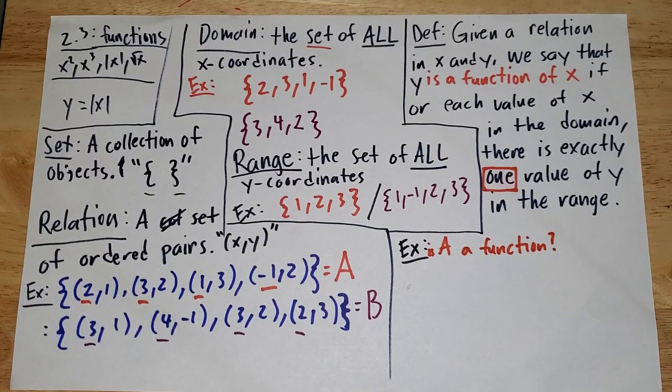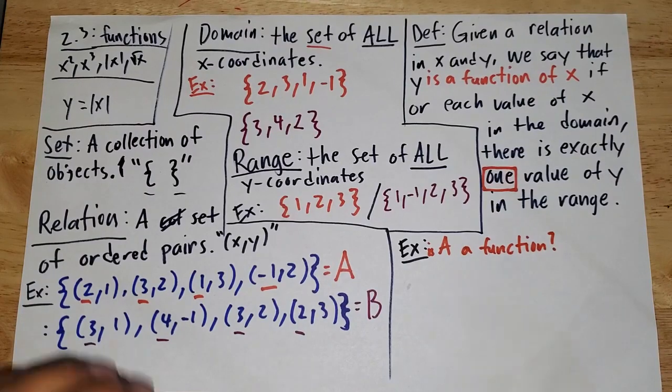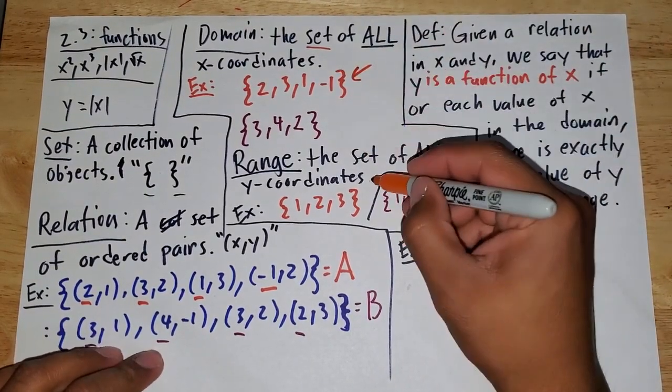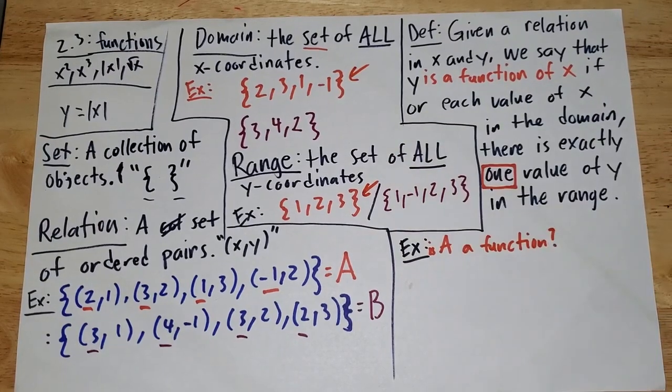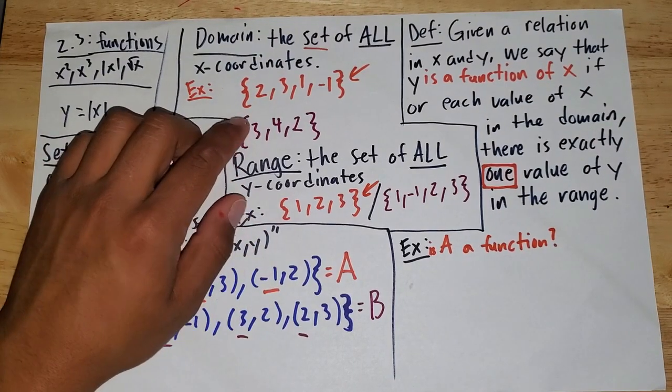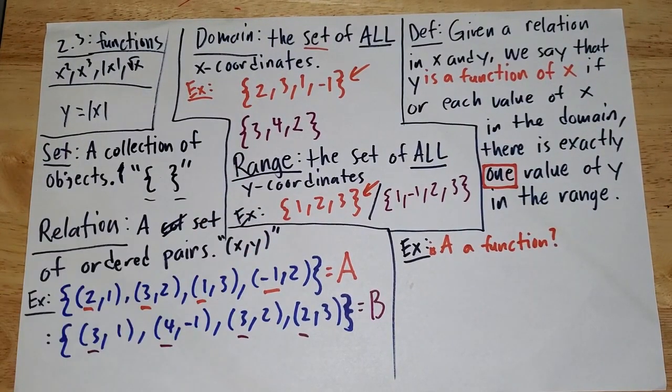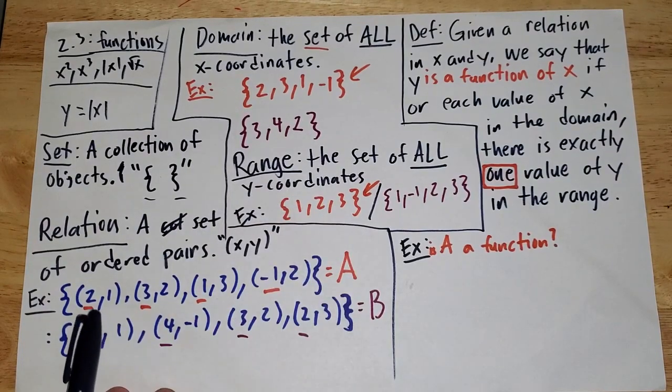So that means we're going to look at these right here. So all the values of x and all the values of y, and they have to correspond to only one exact y.